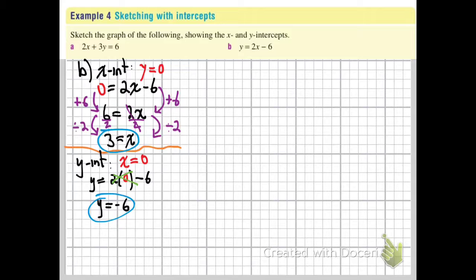Again, there's our two intercepts. We draw our axes, and you'll notice I've got mine drawn differently than before. It doesn't really matter if you don't draw them the best way at first. If you just guess and draw them the same every time, that's fine.